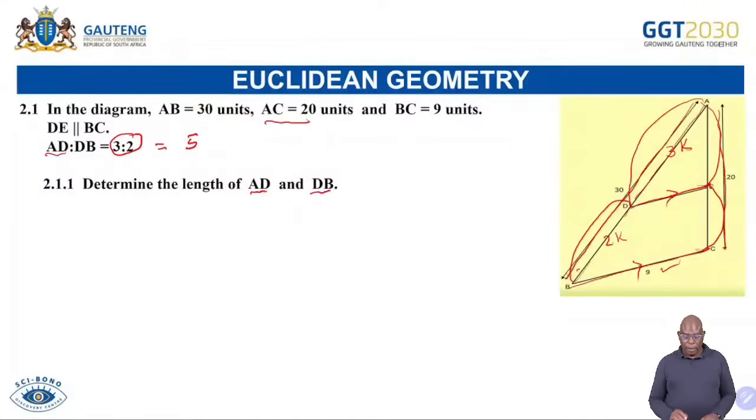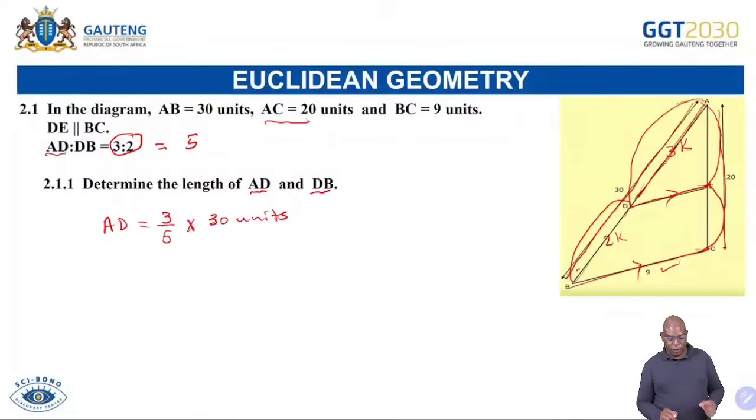Right. Then from there I can say my AD, because it's 3, will be 3 over 5. It's 3 over the total, multiplied by the 30, which is the 30 units. So I need to find the length of AB. So the length of AD, 5 goes into 30 six times. So I'll have 18 units.